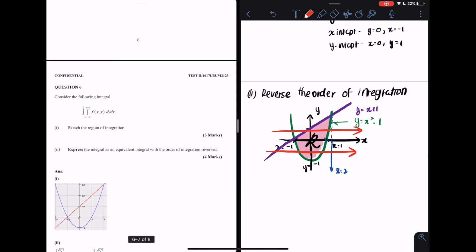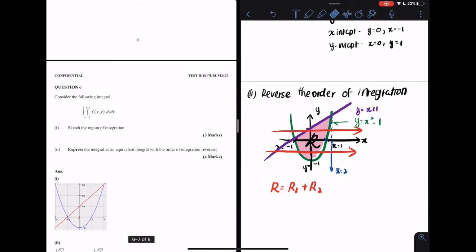The reason why I have these two arrows, basically you can see the difference by using one arrow only, but I just want to show you that this region R actually is separated into two separate regions, such as region R1 plus region R2.